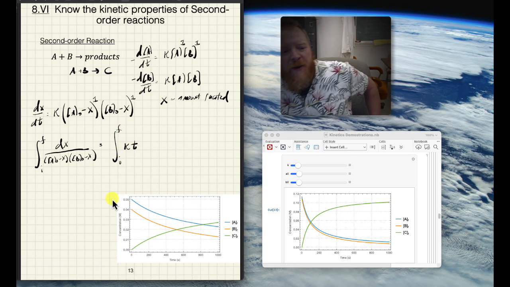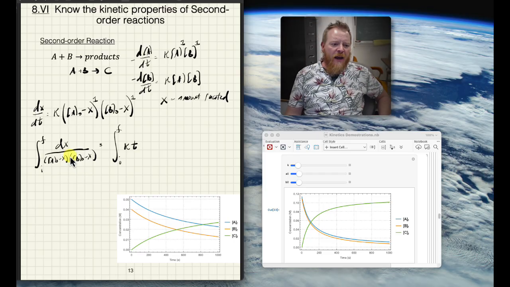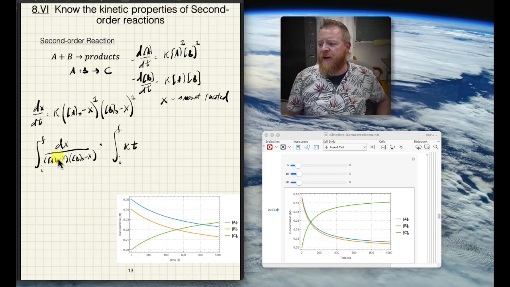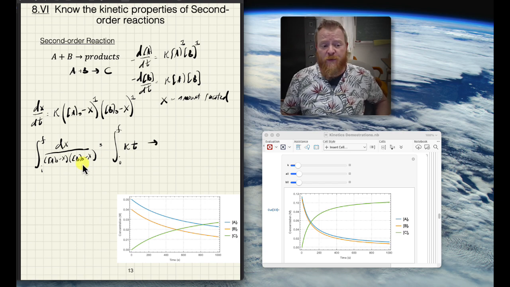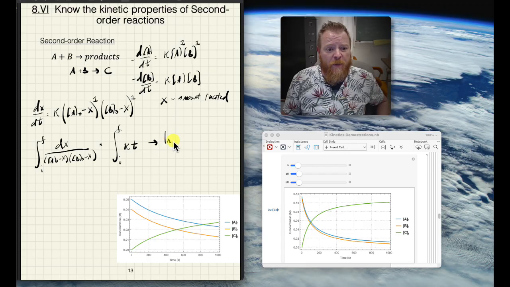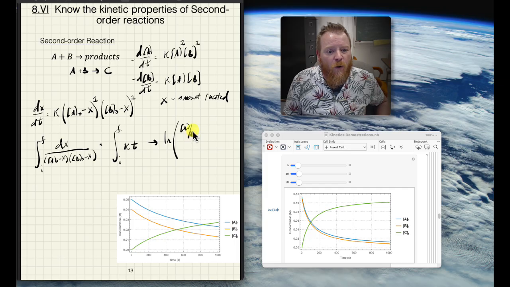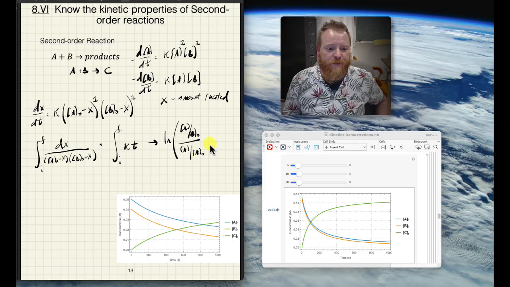So now, integrating this is not impossible, but it gets a little complicated. So I'm just going to go straight to the result of that. And when we do that, we get the following integral, and then we get the following result with the following algebraic rearrangements. So it becomes the natural log of the ratio of B over B initial divided by A over A initial.